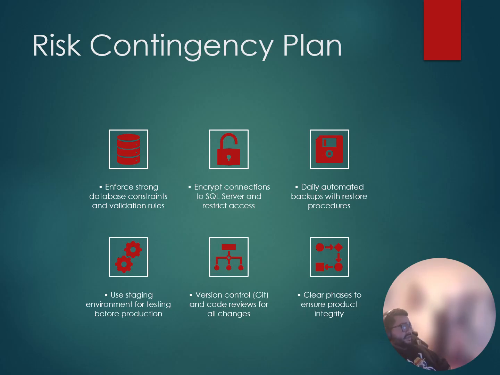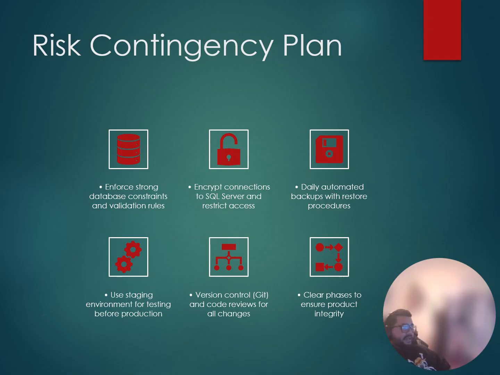In order to do that, we have developed these risk contingency plans. So ensure that we have a strong database and that we have strong triggers to catch any kind of issues with the validations of the data that's being stored. Make sure that we use an encrypted connection. This is accomplished by the connection manager.